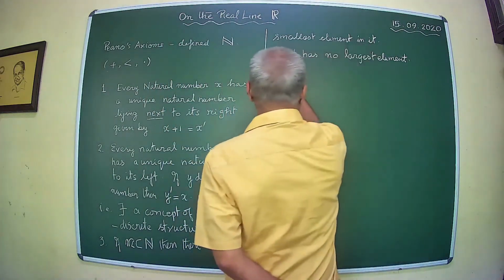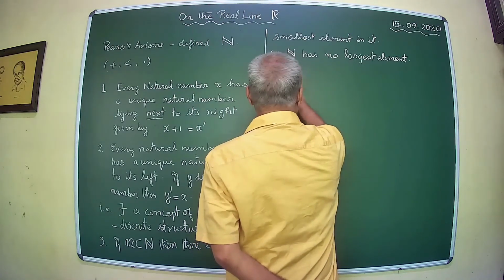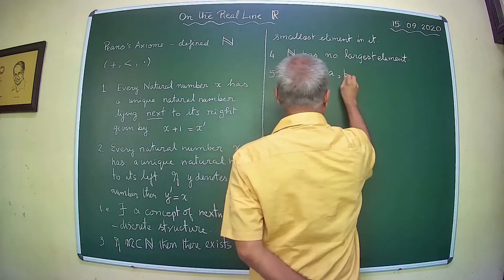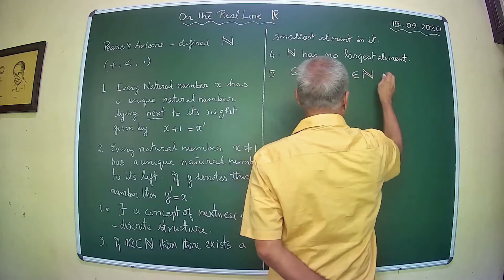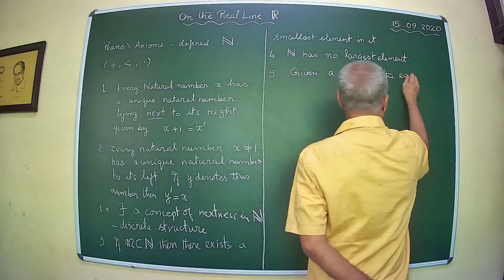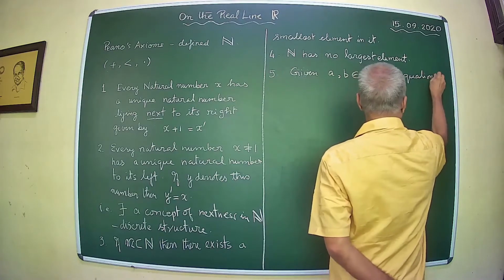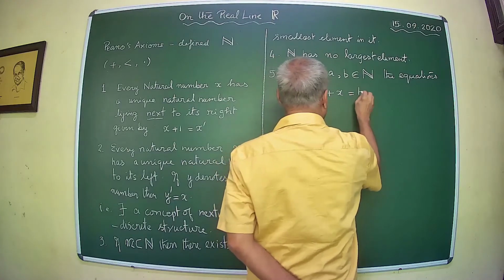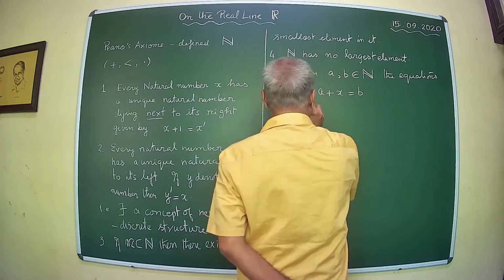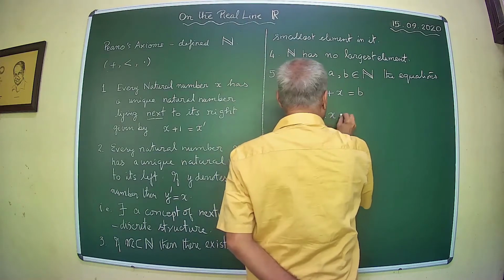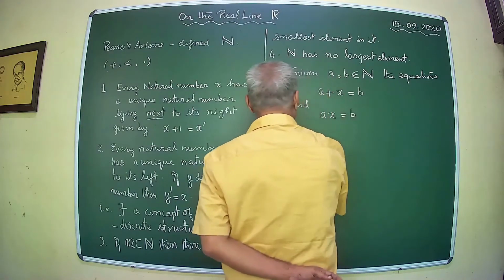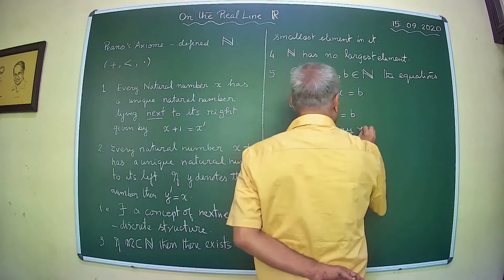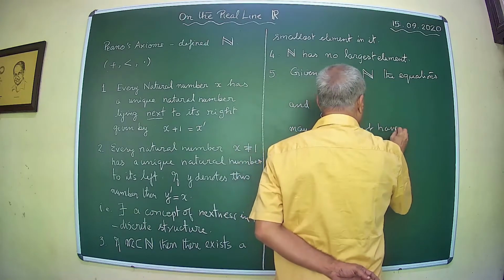Given a, b belonging to N, the equations a plus x equals b and ax equals b may or may not have a solution.